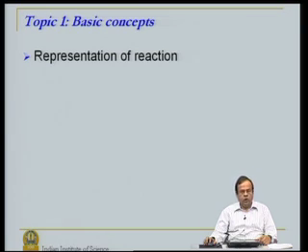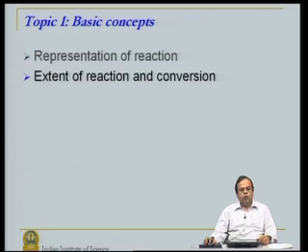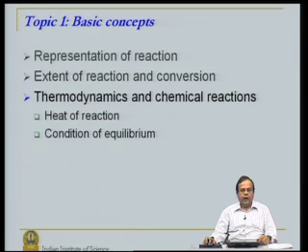What I will be doing is giving you a general picture and then illustrating it with a particular example. That is what I hope to do for all the lectures that we will be doing. Then we will be looking at extent of reaction and conversion, and some thermodynamics of chemical reactions. Thermodynamics is very important for reactions, and we will try to see why.